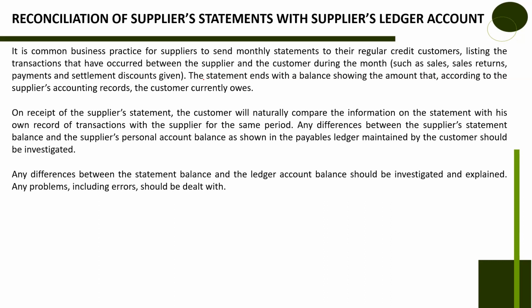It is normal for suppliers to send their regular credit customers monthly statements, saying: this is the amount you owe me, you bought this, you returned this amount, I gave you a discount of this amount. This is your final balance at the end of the month, so that there's no disparity on how much I owe you.